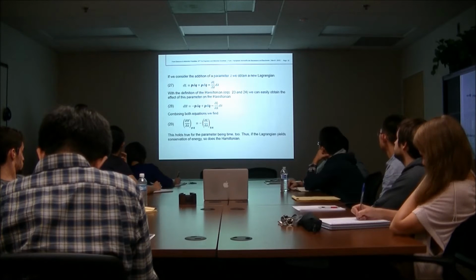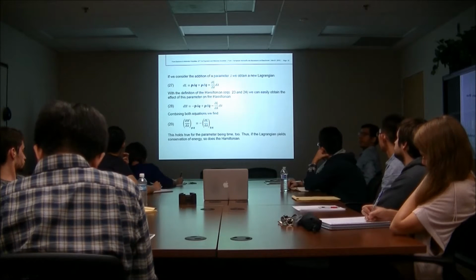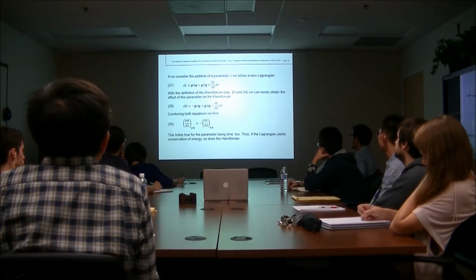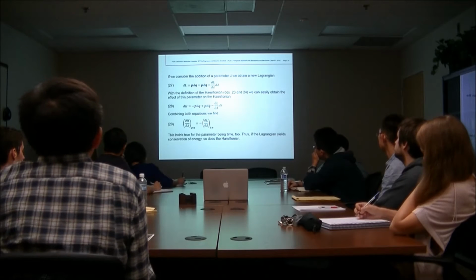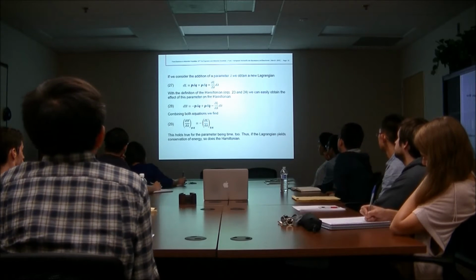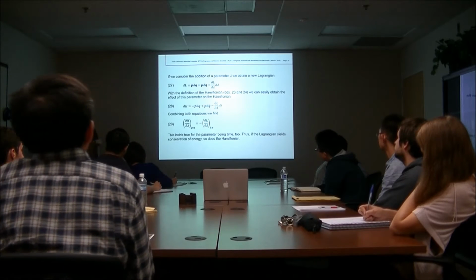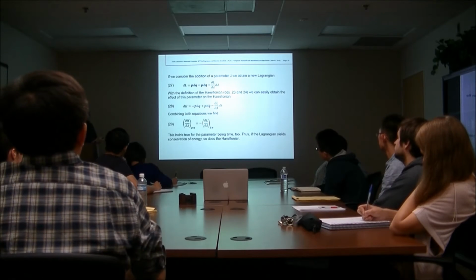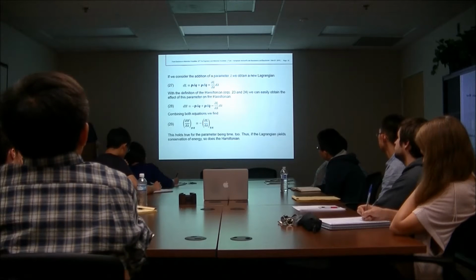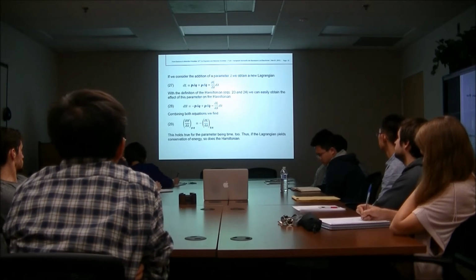We can also just enter this into the definition of the Hamiltonian and how we get it from the Lagrangian. And we see, well, it's almost the same. It's now just T plus V, and not T minus U. And we are not getting plus this parameter term, but minus.